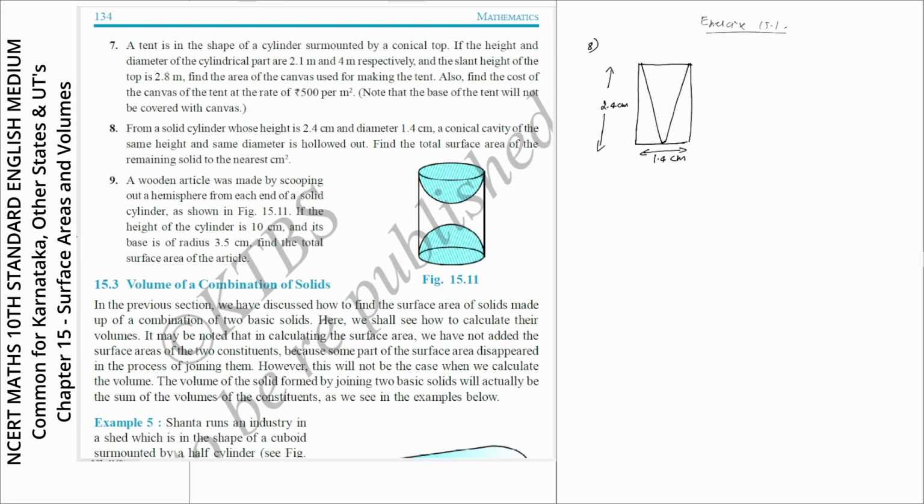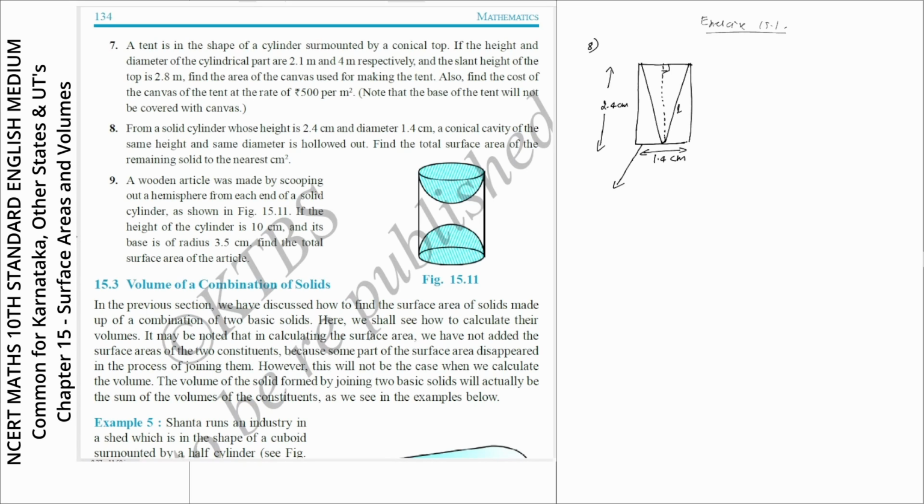Here I'll draw one perpendicular line from the vertex to the top of the cylinder, and let the slant height of cone be L. Now what is the area of the base of the solid here?